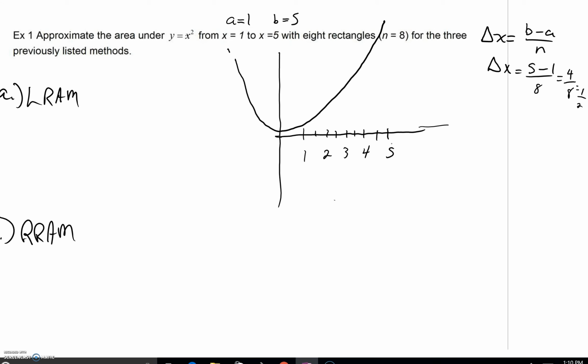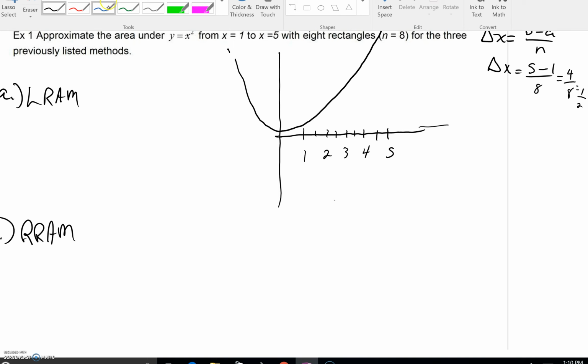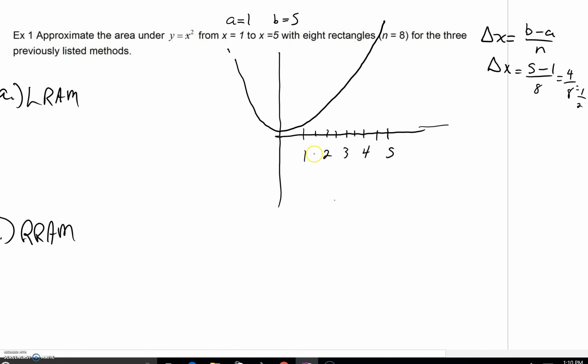But right now, if I were to do an LRAM, what I really want to point out to you is that for any interval, I'm just going to draw my first rectangle. My first rectangle would have a base that goes from x equals 1 to 1.5.